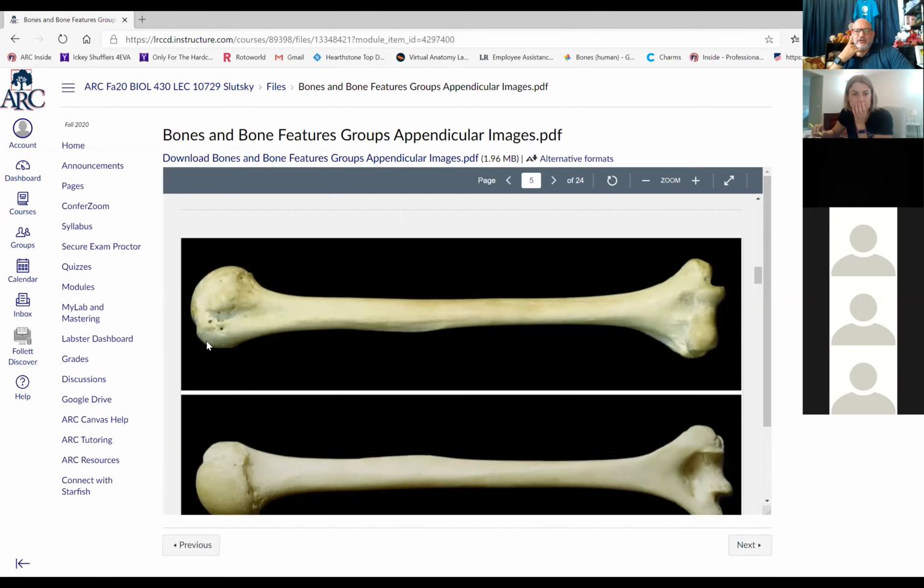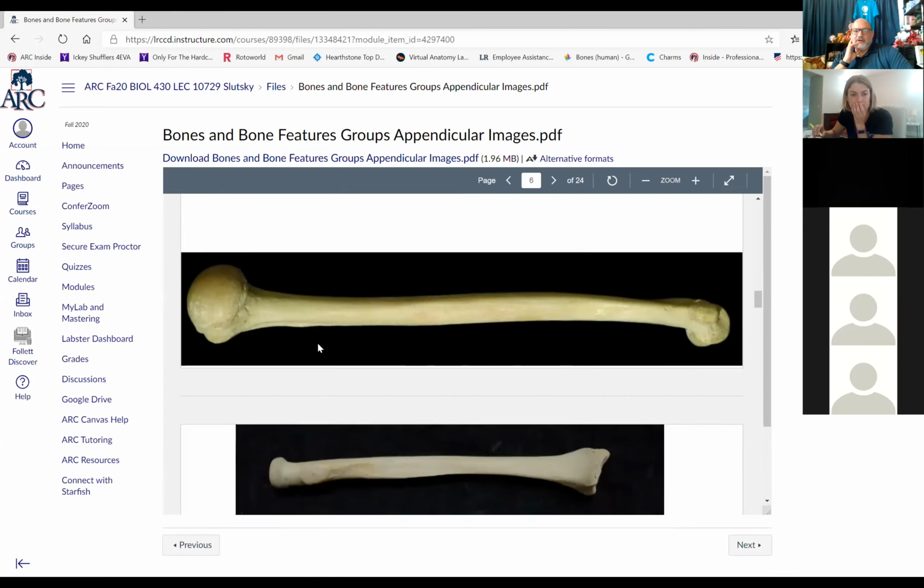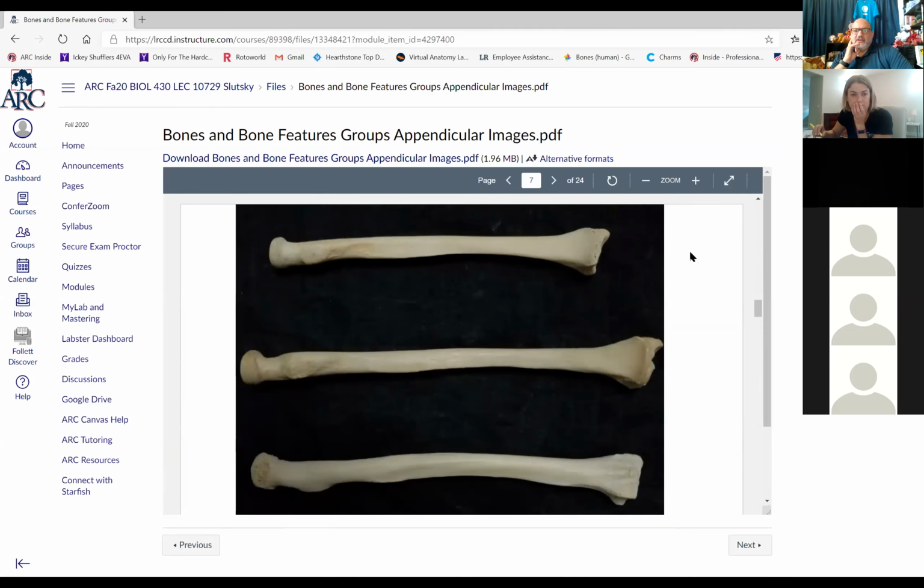All right. Here is a humerus. Do you need to be able to tell the difference between the two ends? Do you need to be able to tell which end is proximal and which one is distal? The one on the left is the proximal. Correct. All right. Here is a radius. Are the two ends different? Do you need to be able to tell which one's proximal and which one's distal?